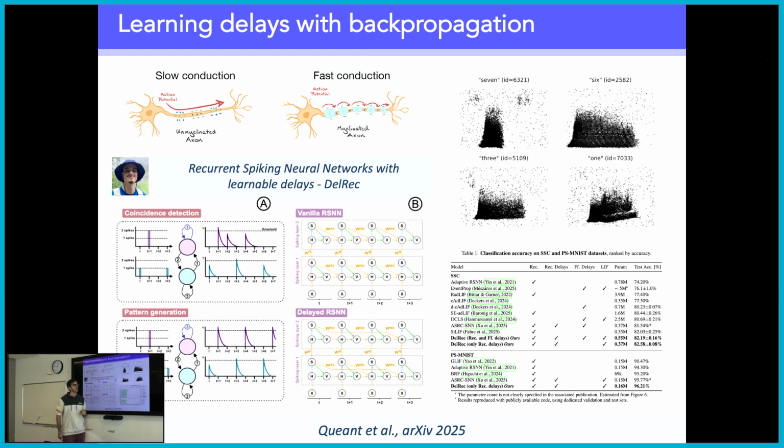The auditory signal was processed by a model of the cochlea to generate spikes. And here the task of the network is to decode the number. So this is the SSC dataset, and the PSMNIST is a vision dataset. And actually, we reached the state of the art on these two datasets using these learnable delays. So this is one line of research.